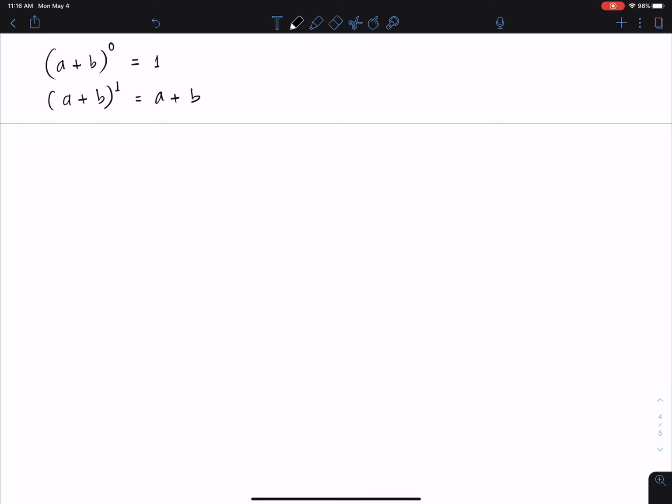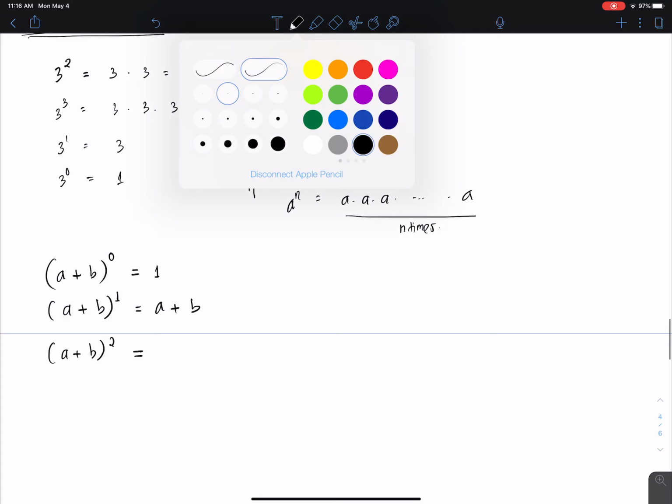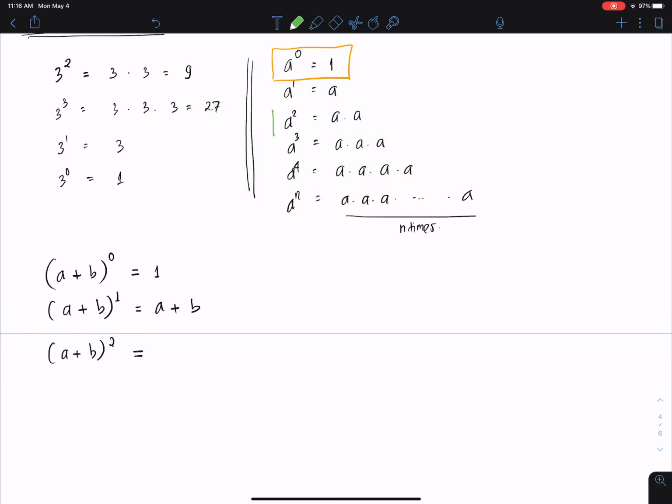Okay, now what about a plus b to the power of 2? Of course we can use the concept of a to the power of 2 in here, which is a times a.